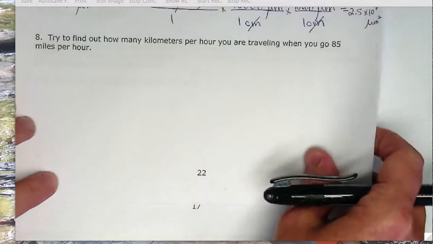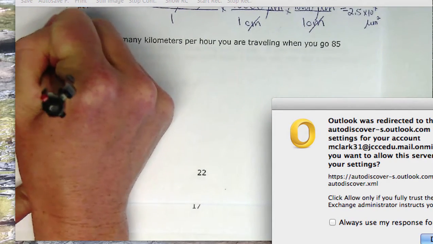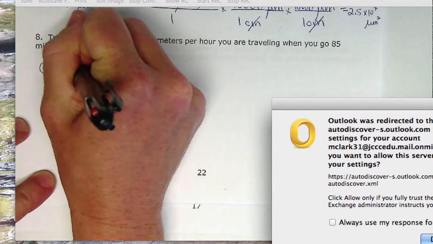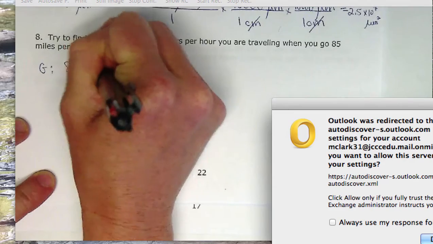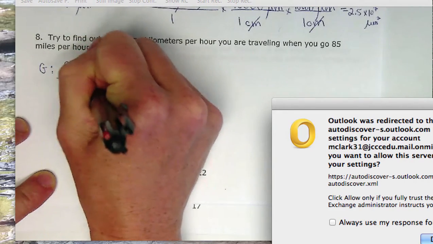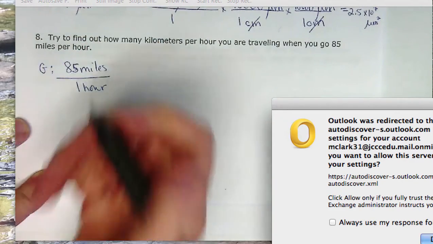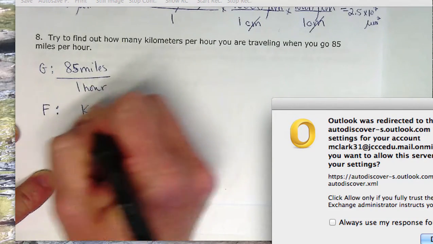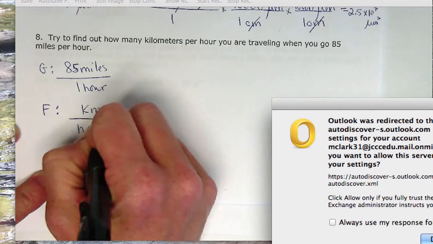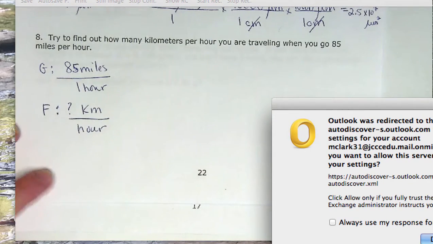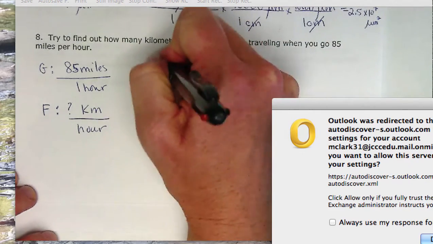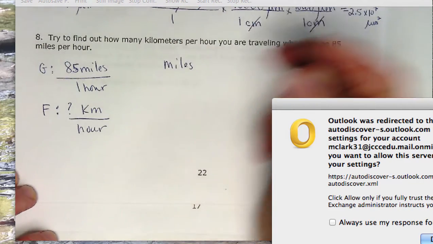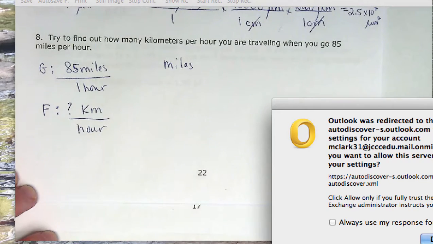Okay, so for this last problem, you're given 85 miles per hour. You're trying to find kilometers per hour. So the hours don't change at all. Your denominator is just along for the ride.